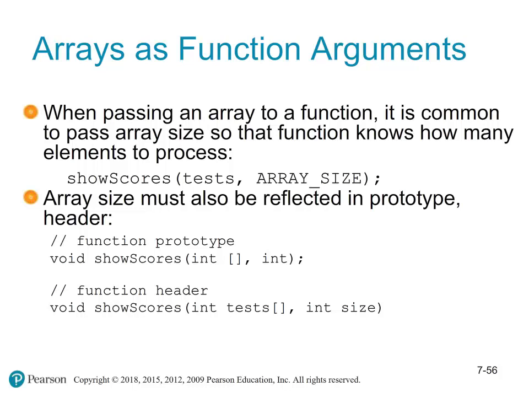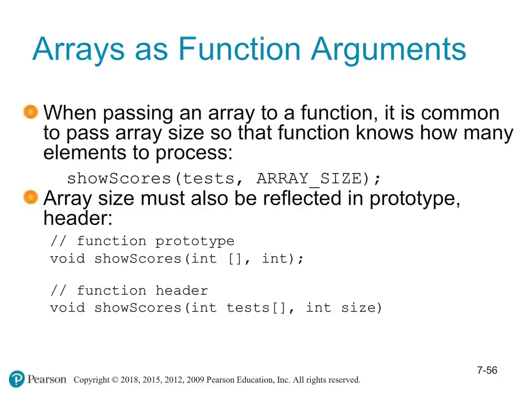When you pass an array to a function, the function doesn't know the size of the array. This can be a problem if you want to iterate through it. You can pass both the array and its size to the function, like showScores, and we have tests and the array size. For the function prototype and the header, you need to add an additional parameter. So function prototype, we have a void, showScores, and the int, empty bracket.